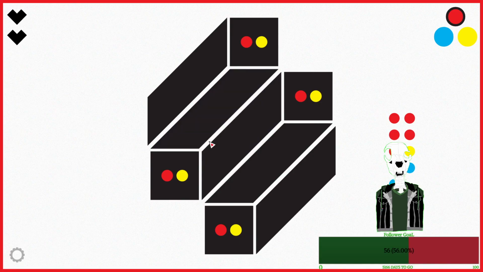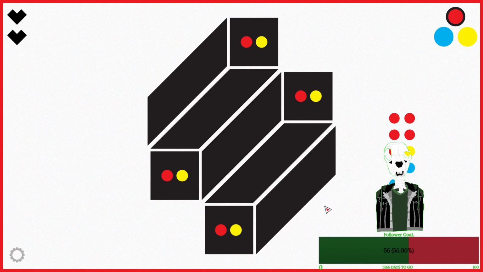One of these two is red, one's yellow. Okay, so this is red. This has to be yellow, which makes this one red, which makes this one yellow, which makes this one red. And if this one's yellow, this one becomes red, yellow, which nowhere down the line hurts anything. Except for the fact that we can't have more than two yellows.